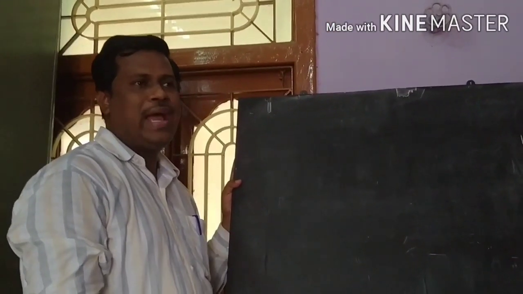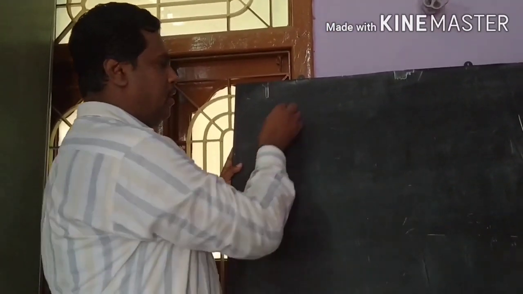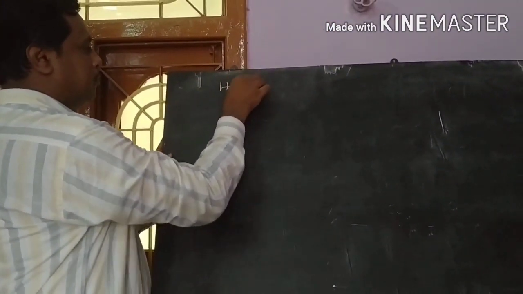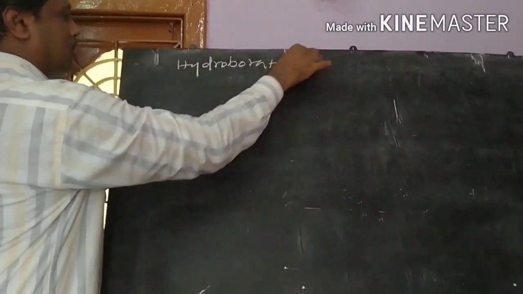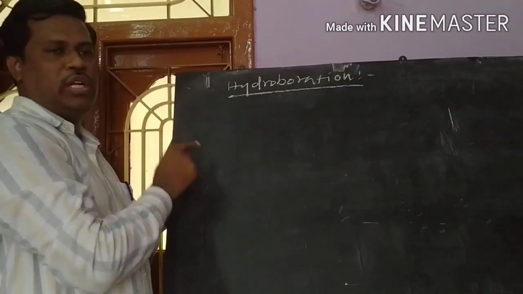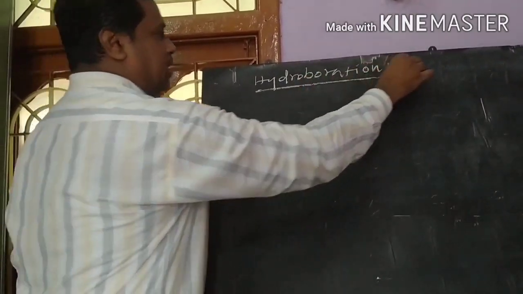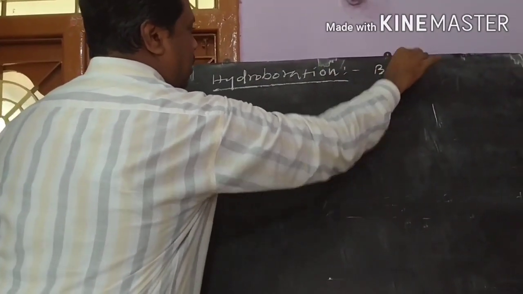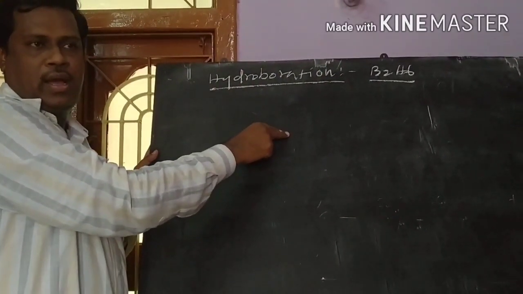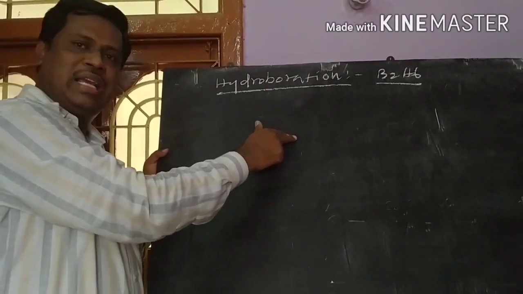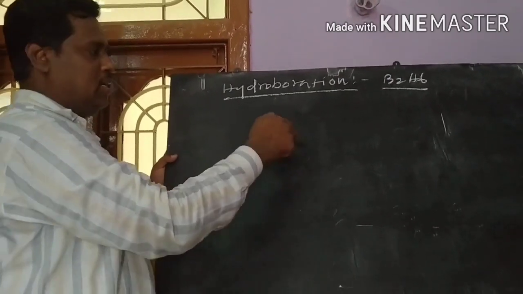And next topic, hydroboration. Diborane, B2H6, adds on to alkenes and alkynes.